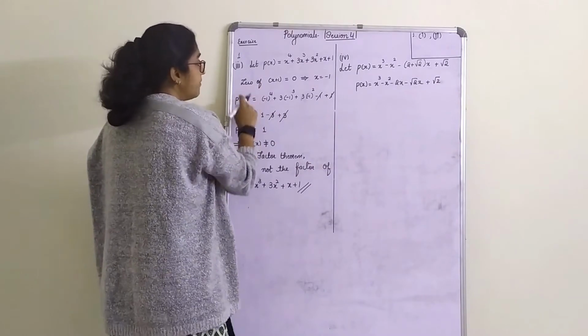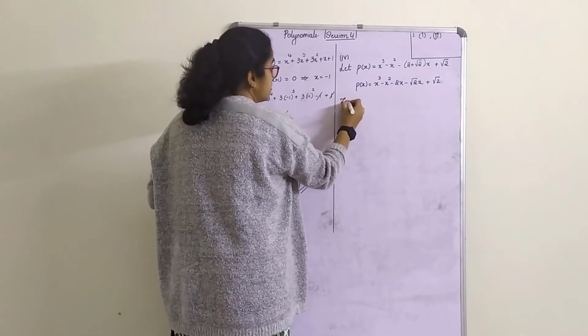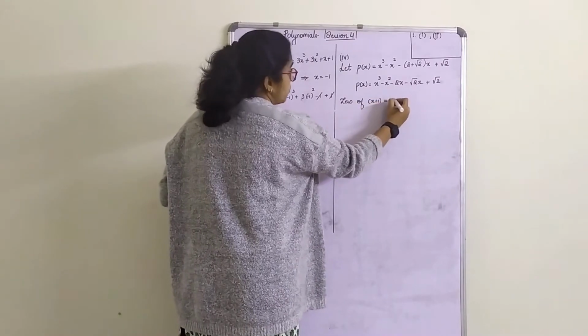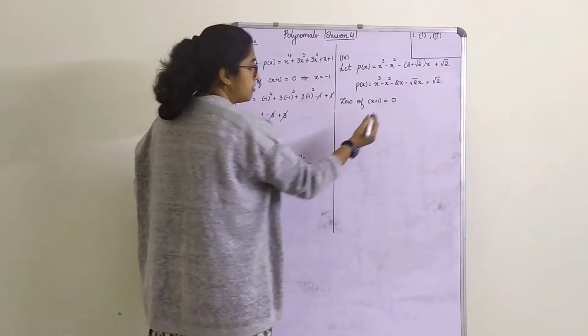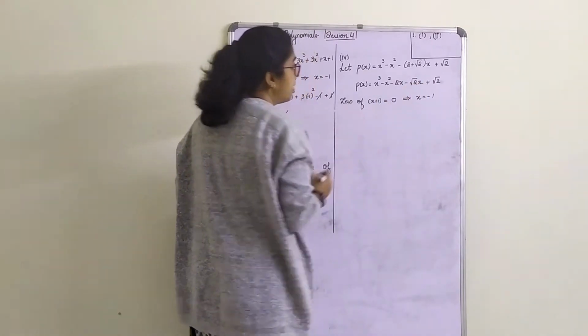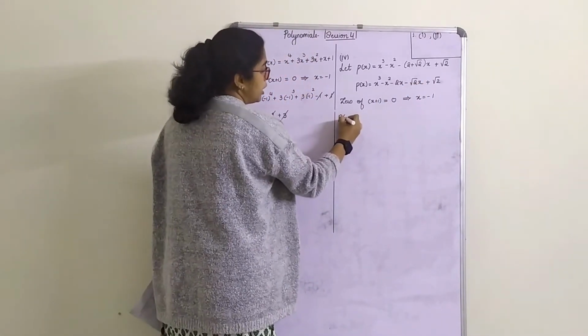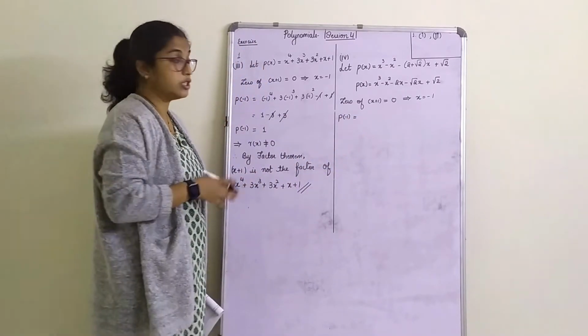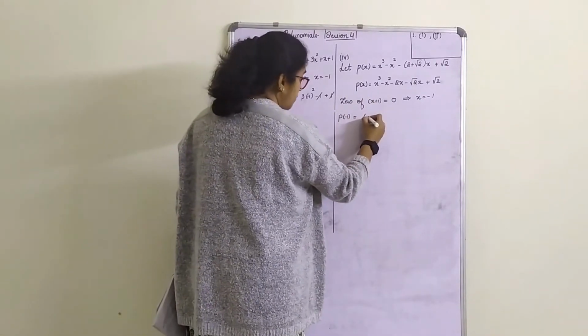Again the same thing I will write here. x plus 1 is equal to, equate the equation to 0, as simple as that. This is x is equal to minus 1. P of minus 1 is equal to, wherever we have x, let's substitute minus 1.